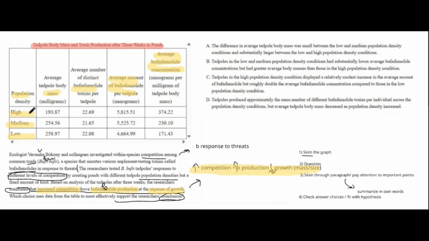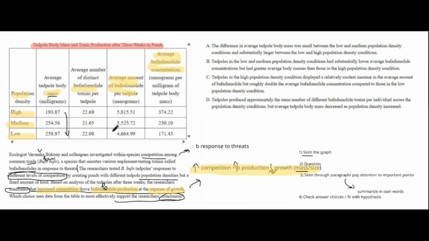Now, we want to be looking for a graph here and finding evidence for this, and instantly we look at mass and B production. So we see that as population density rises, meaning competition rises, our mass is going to become lower.